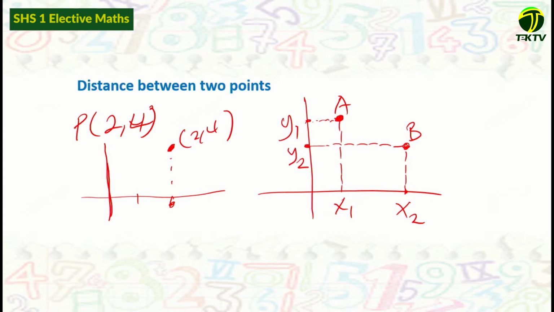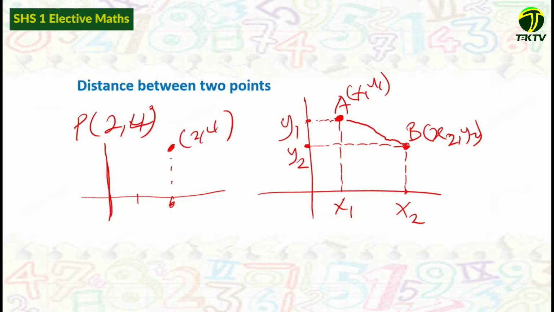So realize that in the plane we have 2 points. Point A, the coordinates are x1, y1. At the point B, the coordinates are x2, y2. We need the distance between the point A and B. And so, we shall try to find the distance.